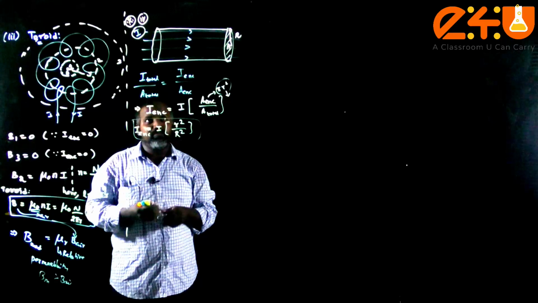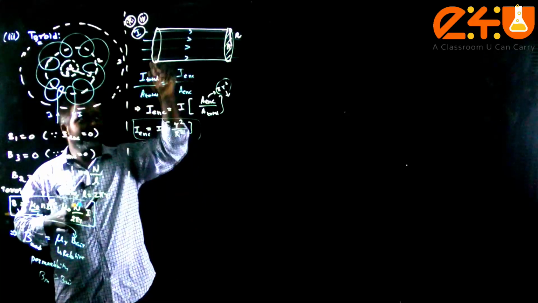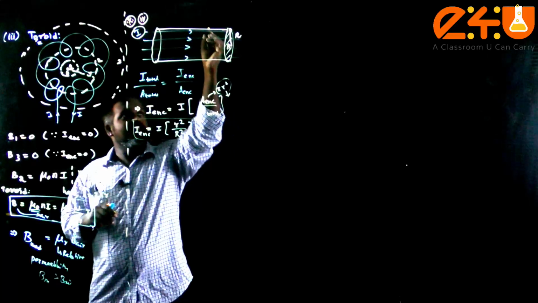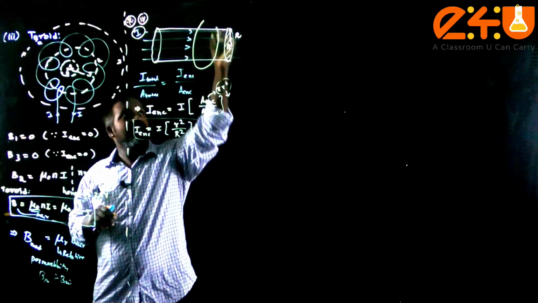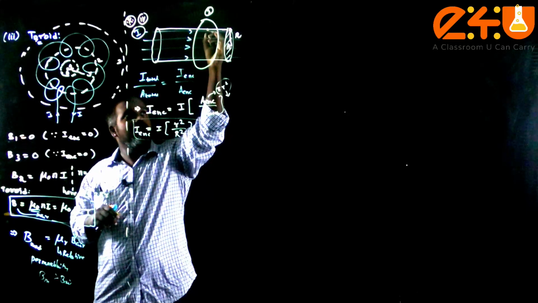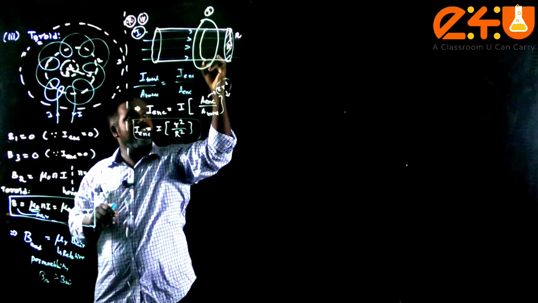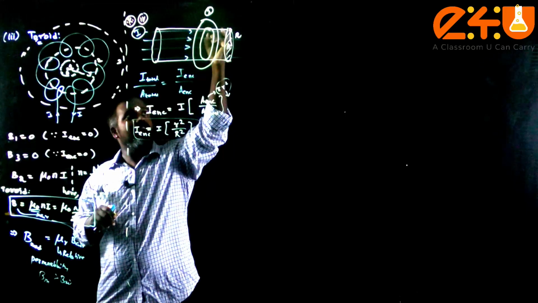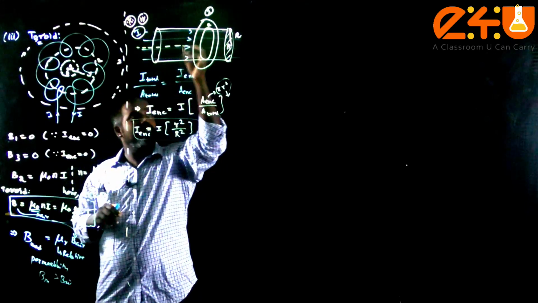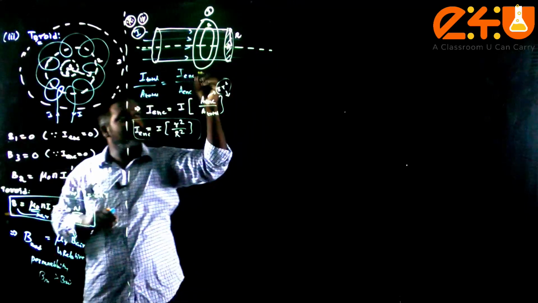Now please come to the derivation. Let us consider three Amperian loops. One is outside of the wire, so this is Amperian loop 3. One is on the wire, so this is the second Amperian loop. This is the axis of the wire.